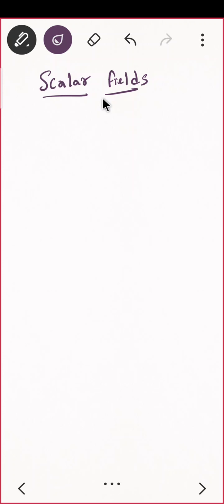Scalar fields. So what are scalar fields? Let us see. Let S be a non-empty open subset of Rn.